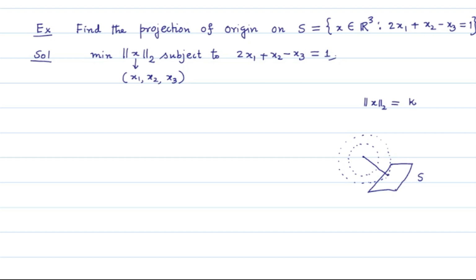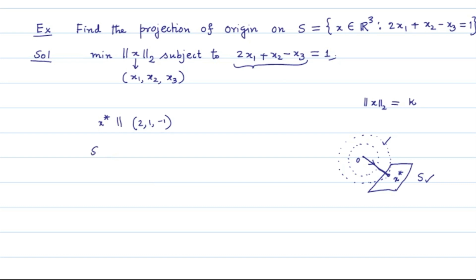Then that touching point of this sphere must be giving us the projection of origin on the set capital S. Obviously at this point the plane S touches this particular sphere, and hence the vector OX star is perpendicular to the plane S. So the projection of origin on S is such a point on the plane capital S that X star is parallel to the vector 2, 1, minus 1, which is perpendicular to this plane.